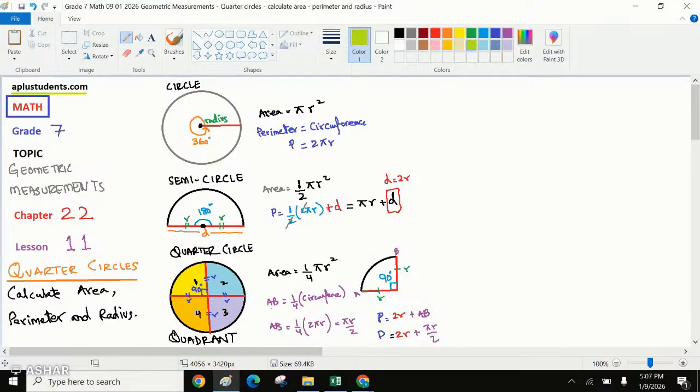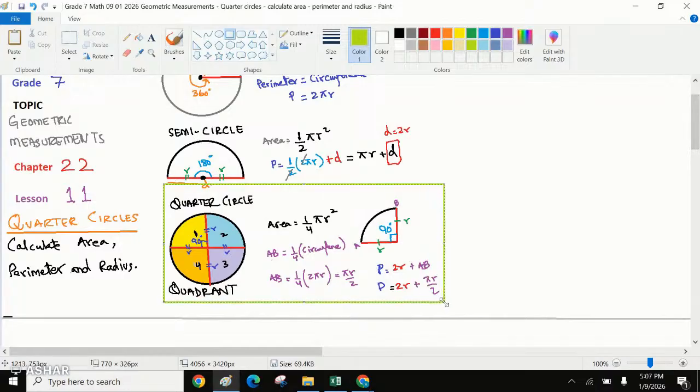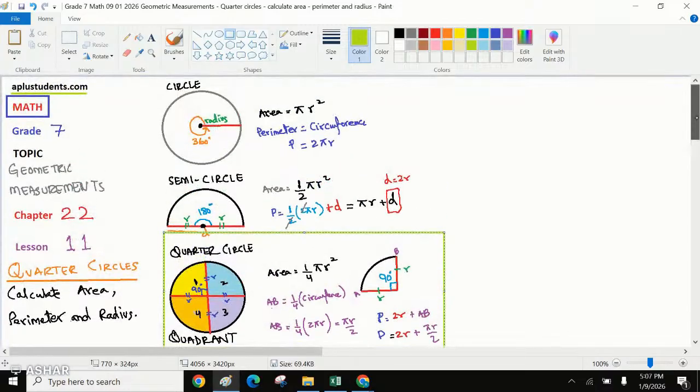So what we did here is break down the shape and see the different possibilities of how we can find the area and the perimeter. Do we agree on this?